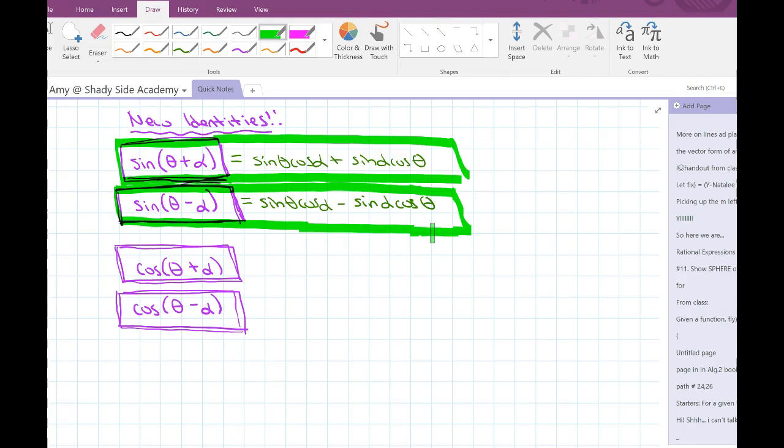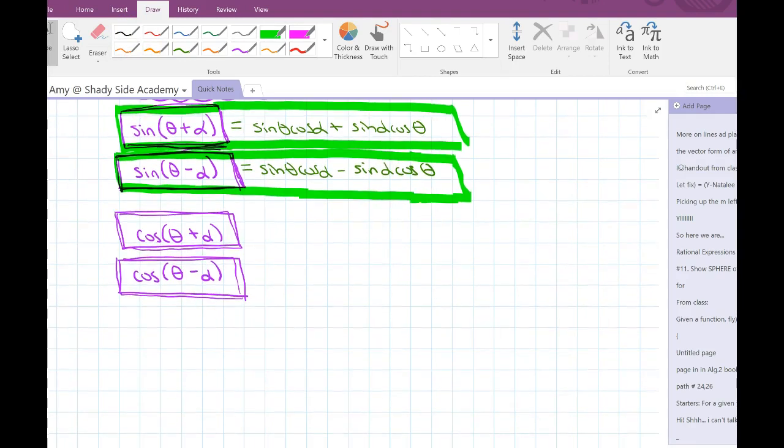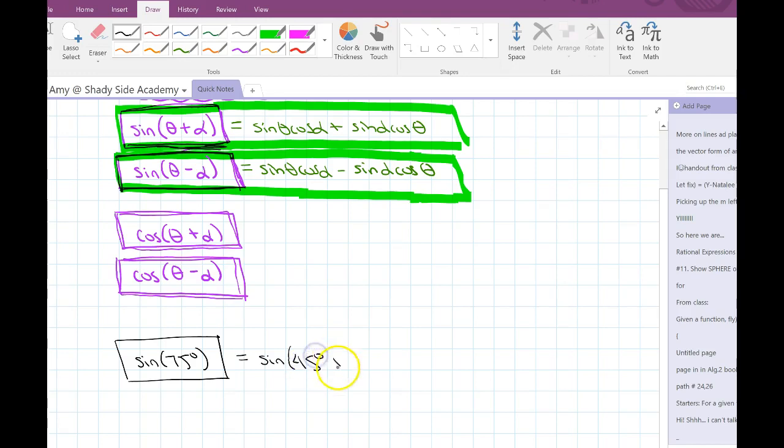Anyway, why do we use these identities? There are two reasons, and I'll come back and do these two in a moment. One is, I'm going to work in degrees. We could find the sine of 75 degrees without using a calculator, because I can express 75 as a sum of two angles that I do know.